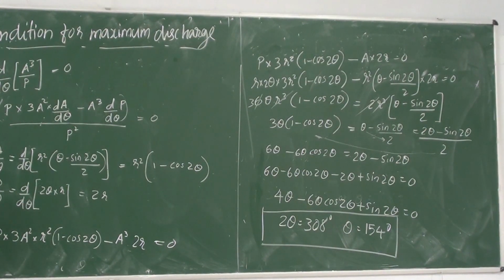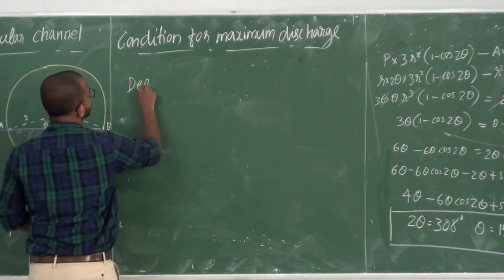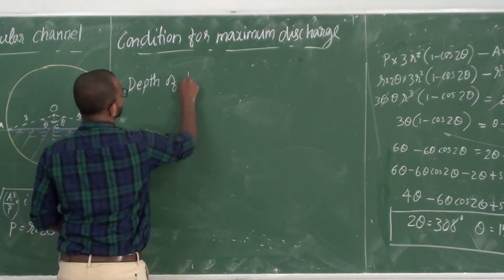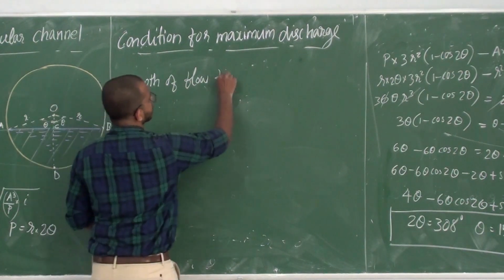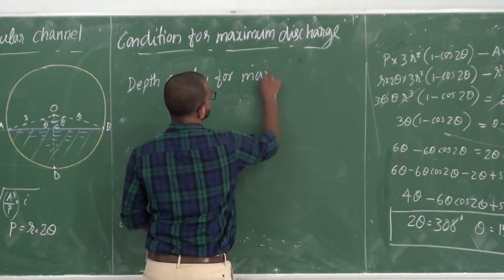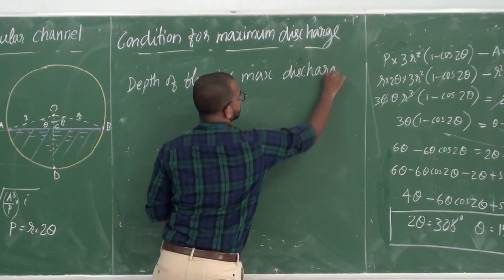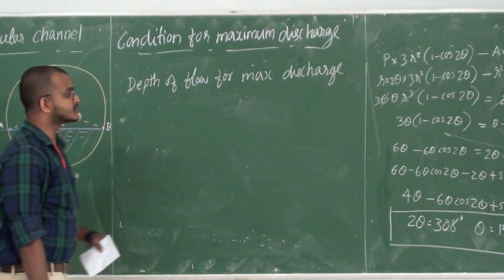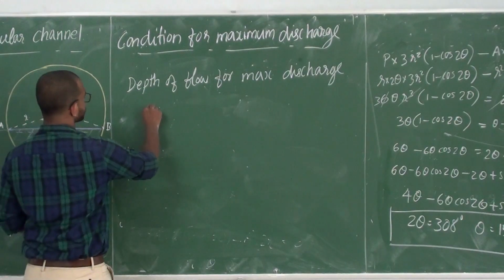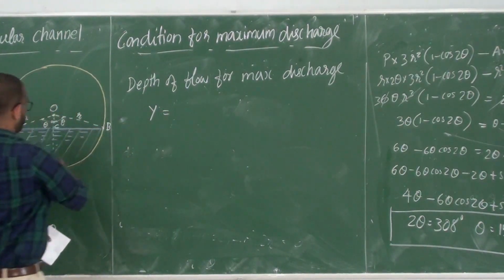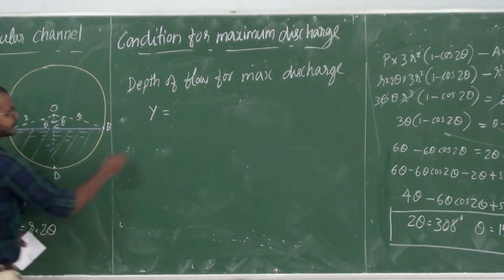Now we will find the depth of flow for maximum discharge. So the depth of flow y is equal to OD minus OC.